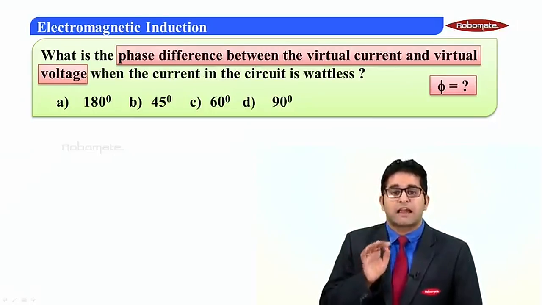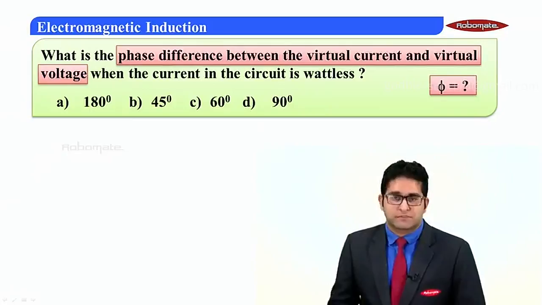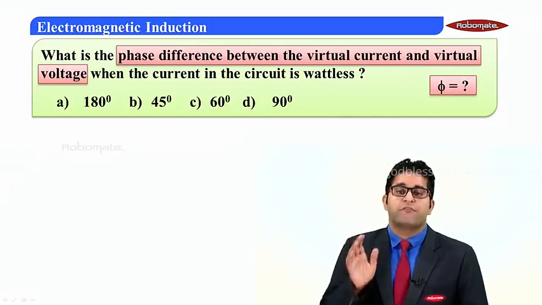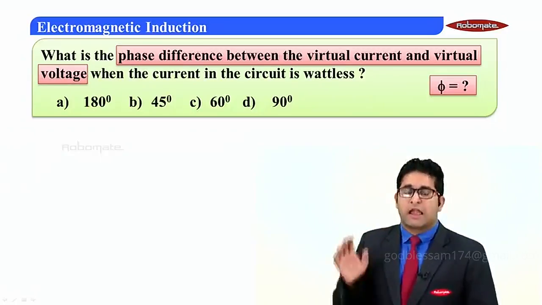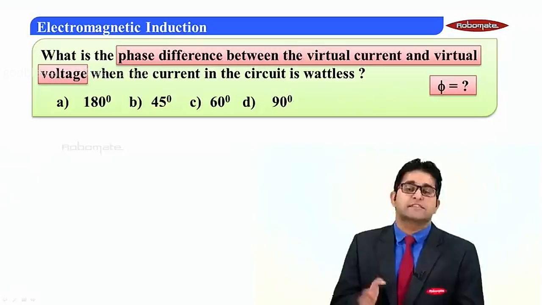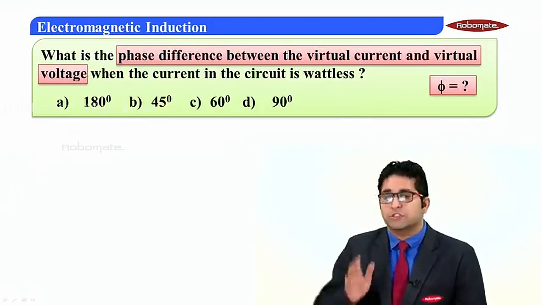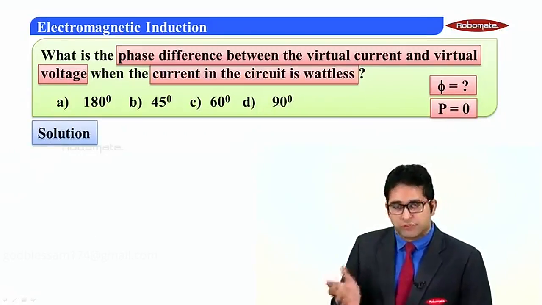It is nothing but IRMS. What is virtual voltage? It is nothing but ERMS, right? And we want to find the phase difference phi between ERMS and IRMS. And in this particular case the current is wattless. Now as current is wattless, there will not be any power consumed in the circuit and therefore I can say the value of P will be equal to 0, right?